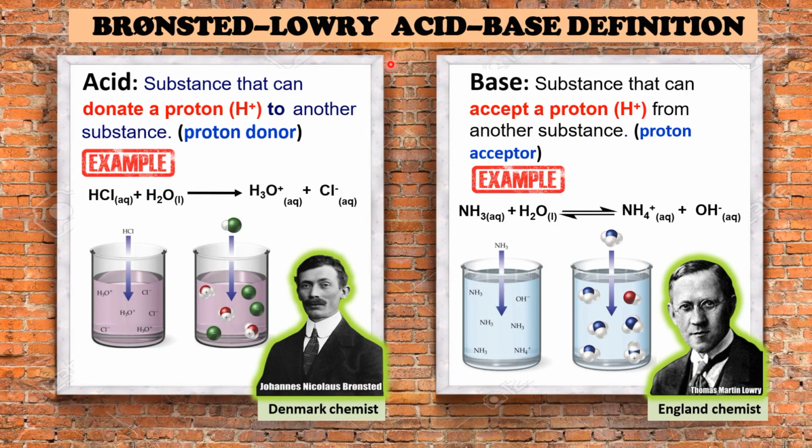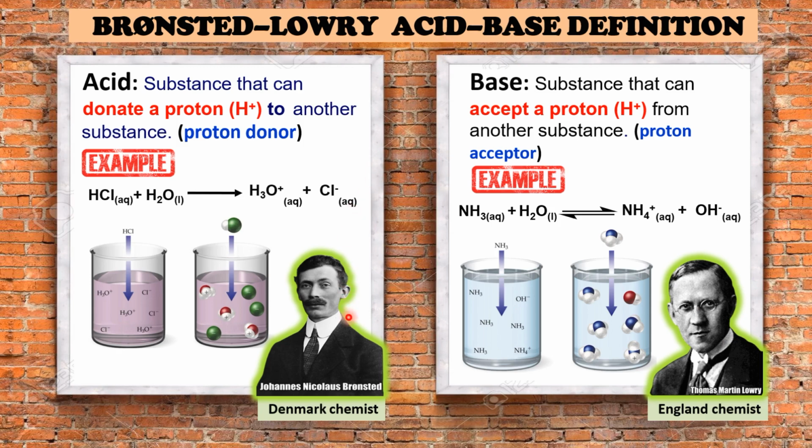In 1923, Johannes Nicolaus Bronsted and Thomas Martin Lowry, from Denmark and England, published the same theory on how acid and base solutions behave.